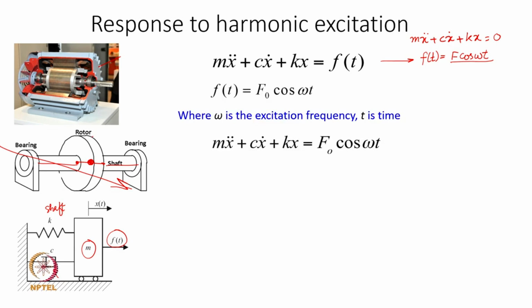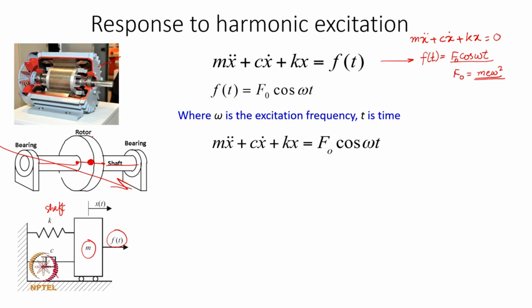It can be represented as f naught cos omega t, where f naught is the amplitude of the force. Now, that f naught can be any value. In a rotating unbalanced case, it can have a numeric value or an amplitude equal to m e omega square.